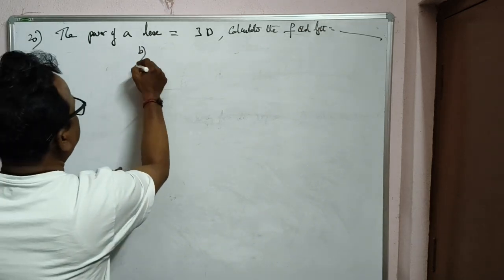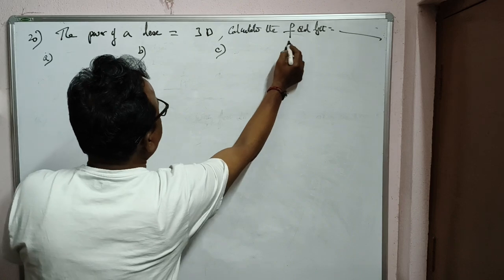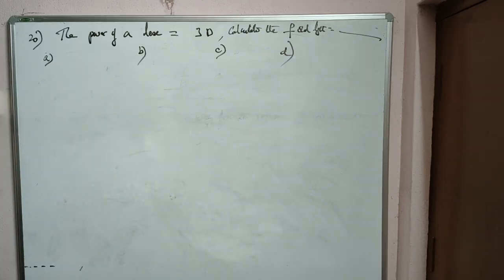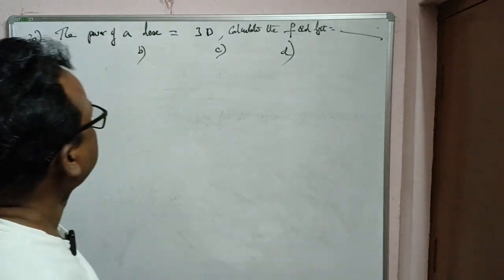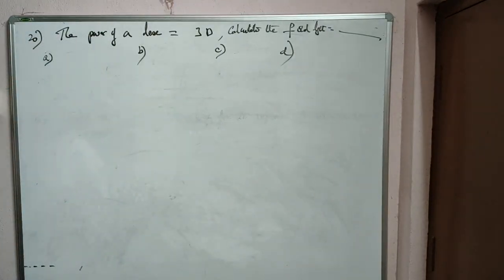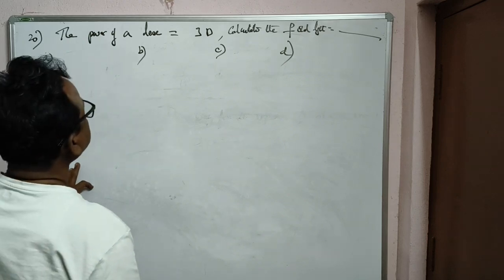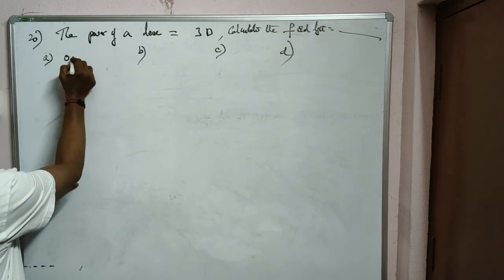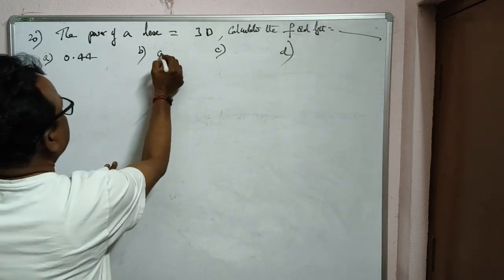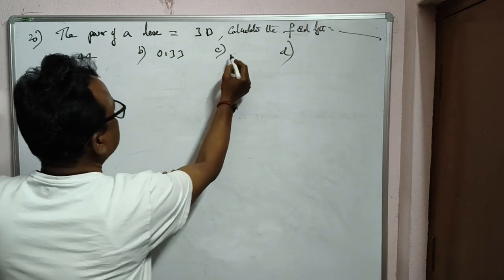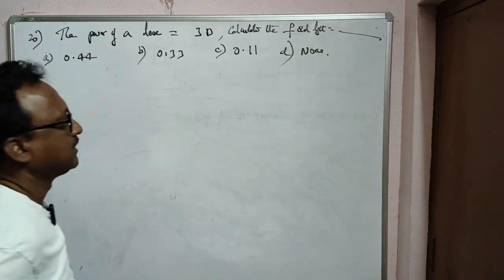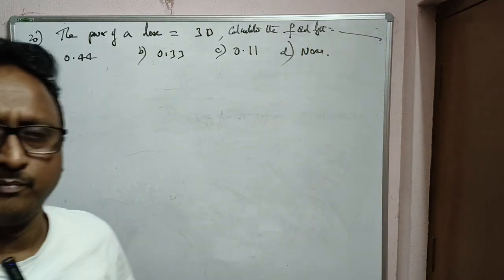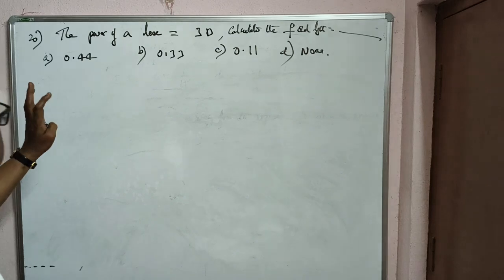A, B, C, D. The power of the lens is given as 3 diopters. Calculate the focal length. A, 0.44; B, 0.33; C, 0.11; D, none.